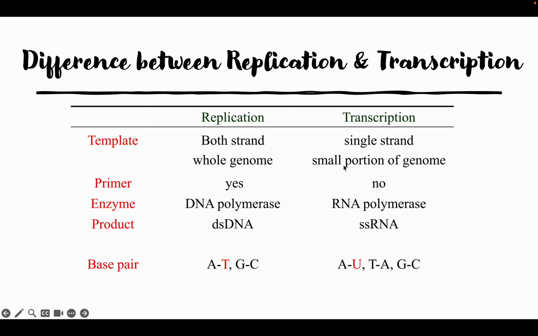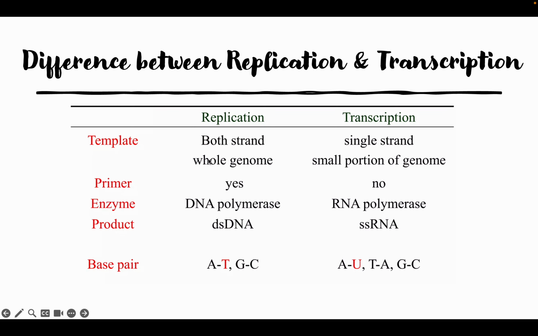So what is the basic difference between replication, which is making multiple copies of DNA, and transcription, which is the formation of RNA from DNA? The first important difference: in DNA replication, both strands can act as a template, but in transcription only a single strand is used.